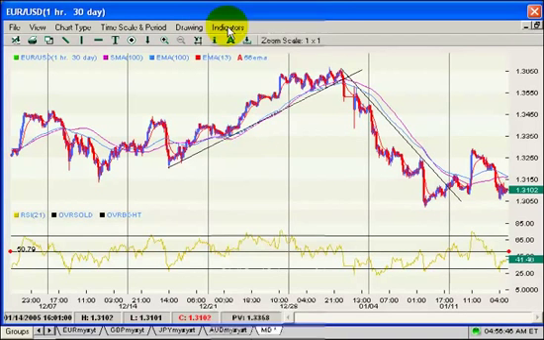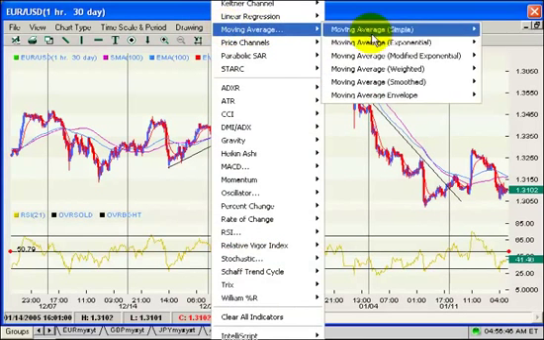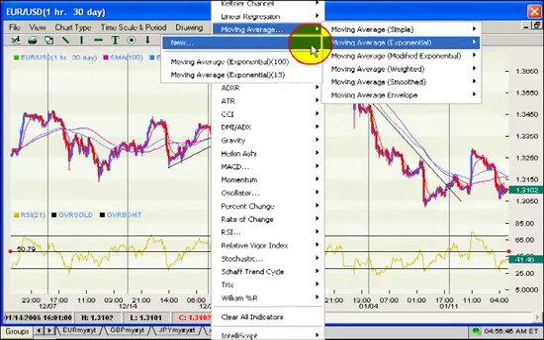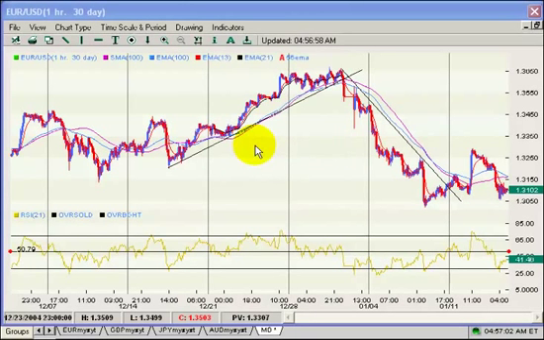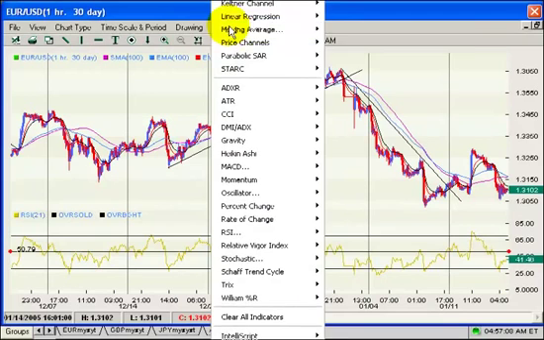And next, I shall add a 21 period exponential moving average, and I shall make that one black. And we have two more moving averages, both exponential.